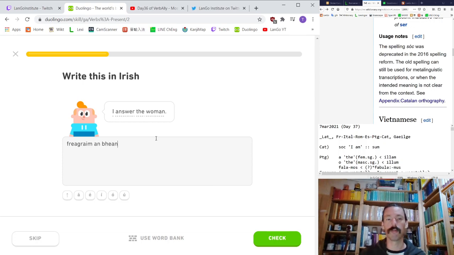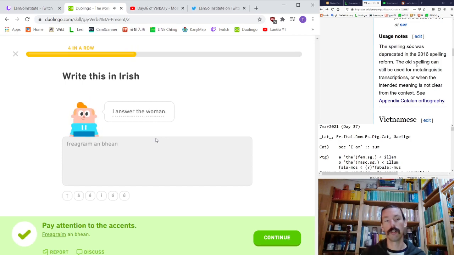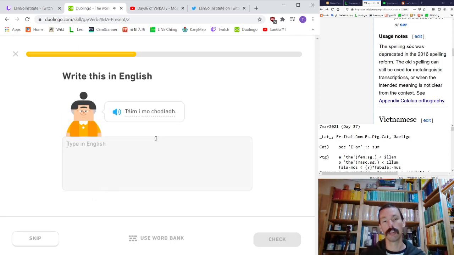Don't know which mutated form to expect here. Freagraím should have a length mark on van. Tá mé i mo chodladh. Okay, mutated. Because it's possessed here. Codladh in the basic form. And this phrase, in this construction, shifts the value of that first consonant. I am in my sleeping means I'm sleeping.